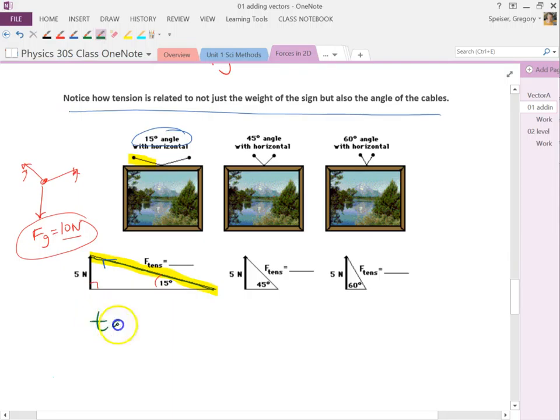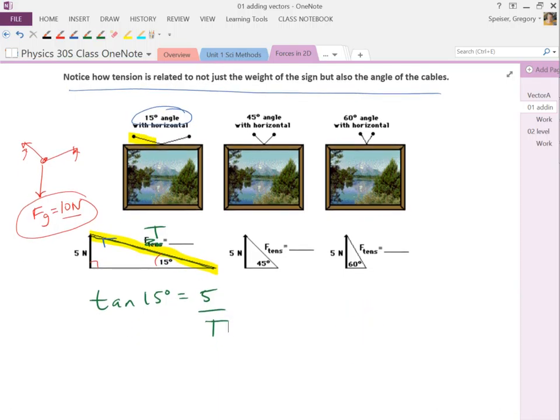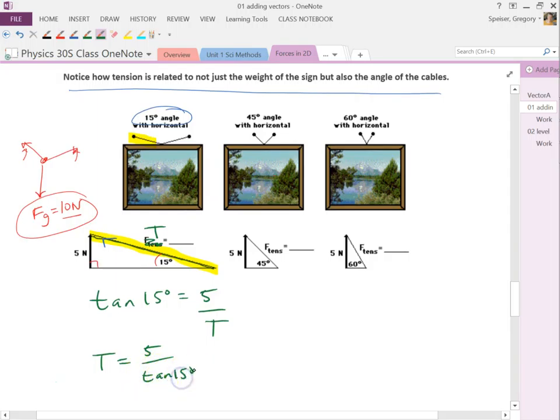The tan of 15 degrees is going to be equal to the opposite side over, I'm just going to call this tension, over the tension. So in other words, solving for t, the tension will be equal to 5 over the tan of 15 degrees. Okay, so I don't have it figured out yet, but if I take my calculator out and check that out, I will get 5 divided by the tan of, pardon me.